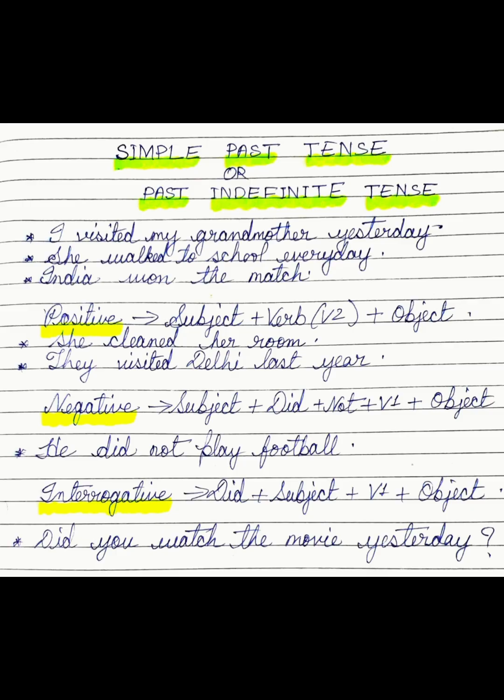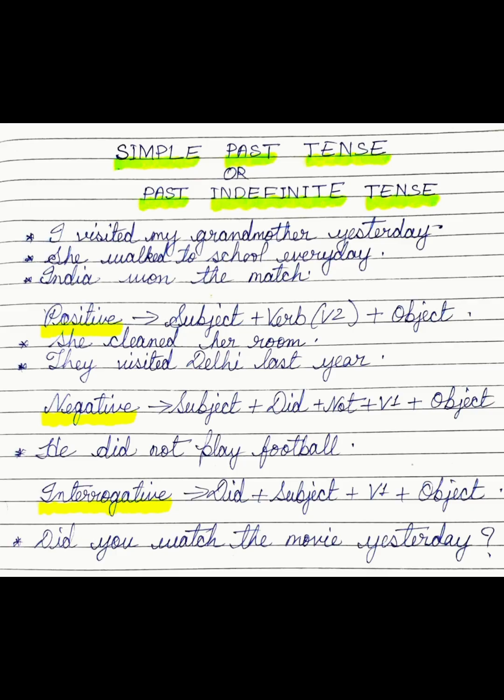Okay, so just remember these three rules. Positive, we use verb second form. In negative sentence, we use did plus first form of the verb. In question, did plus first form of the verb. That's it. Simple past tense becomes very easy.